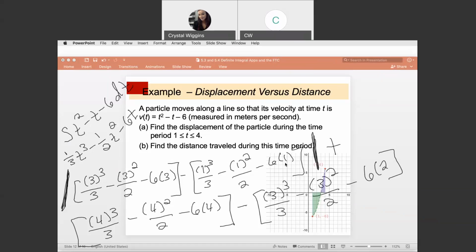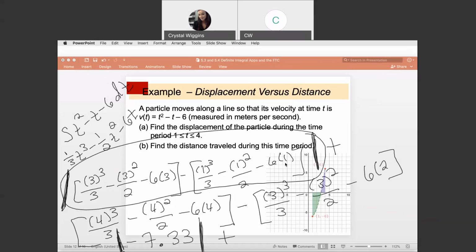And that comes out to be negative 7.33, but we will want to take the absolute value of negative 7.33. Okay, so that's the first part. That's this part here. And then we're adding to that what we get out of the second part. So the second part, I'm going to enter my calculator now.